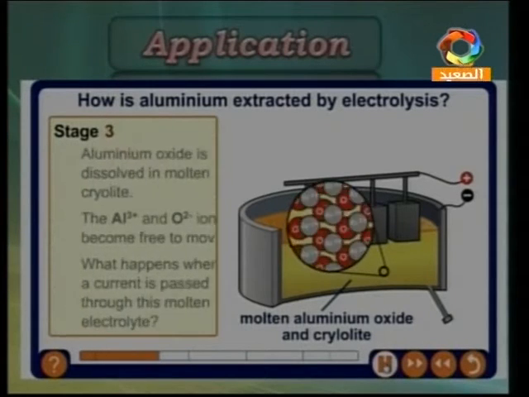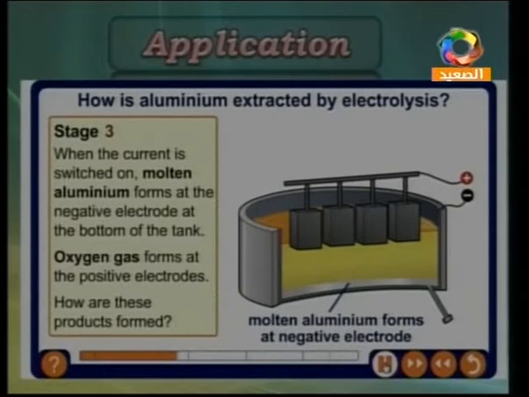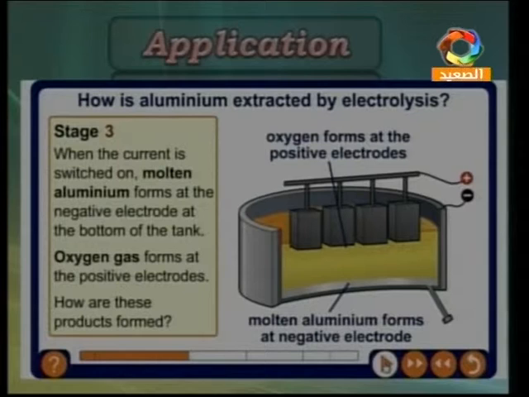Stage number 3: when the current is switched on, molten aluminum forms at the negative electrode at the bottom of the tank. Oxygen forms as bubbles on the positive graphite electrode. The molten aluminum is collected at the negative electrode because the aluminum ions are positive, 3+.